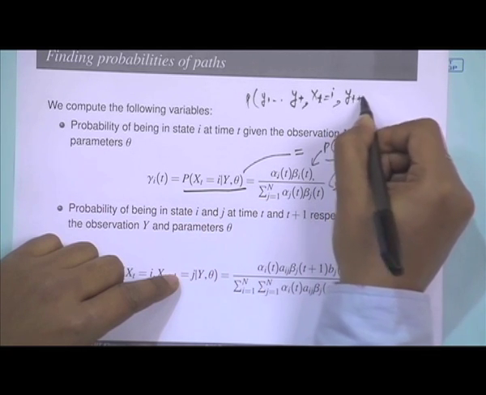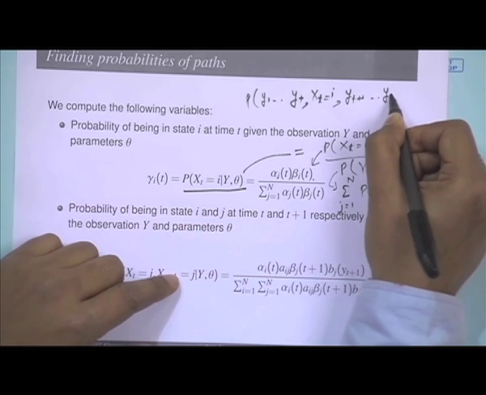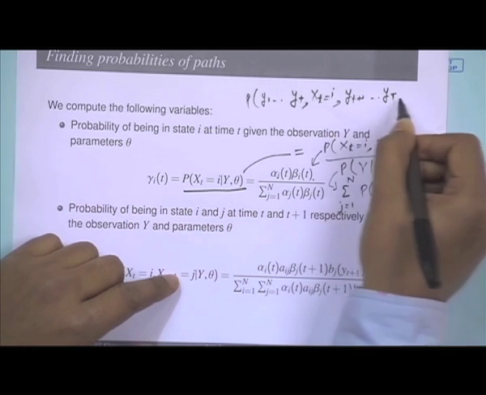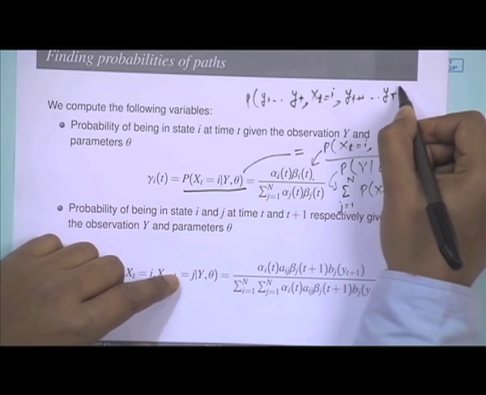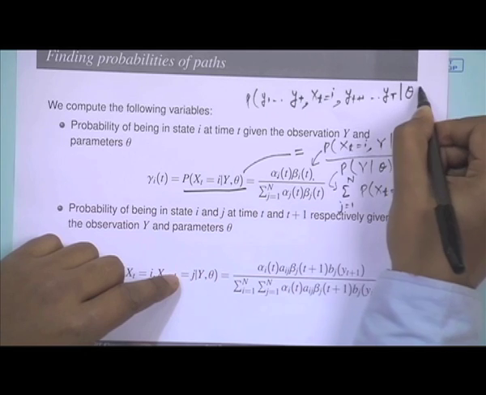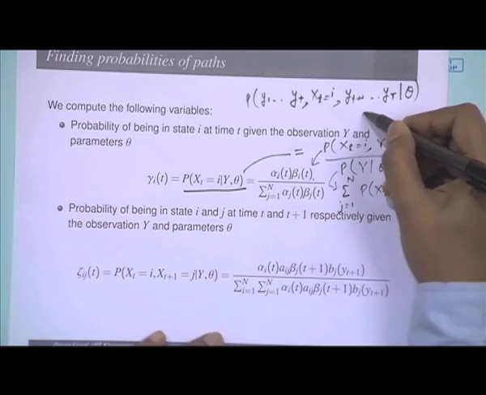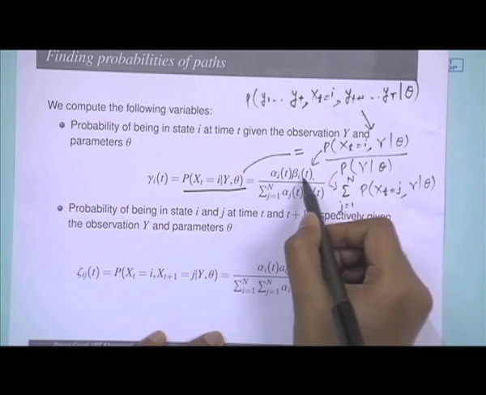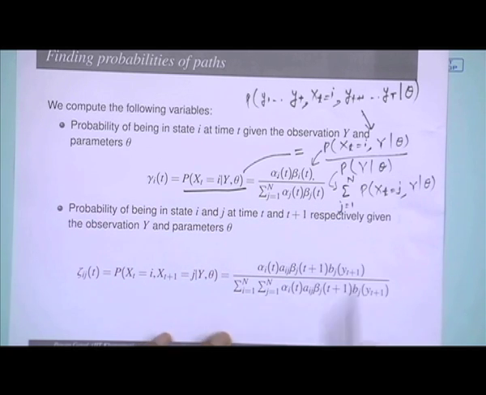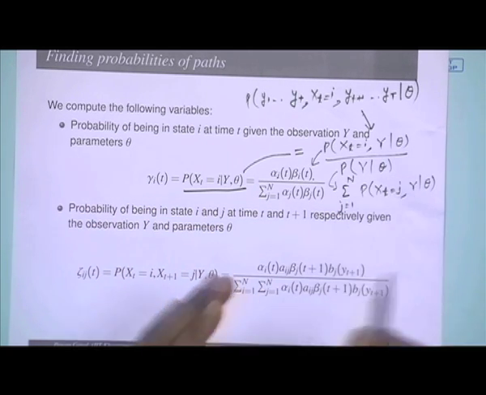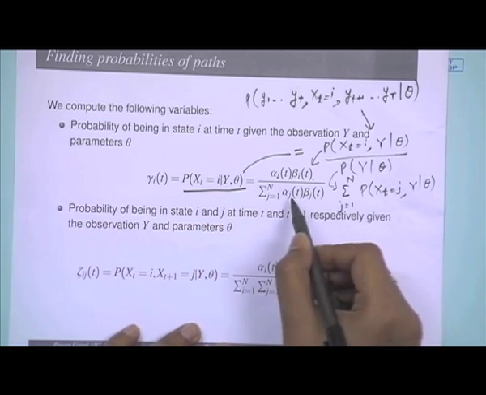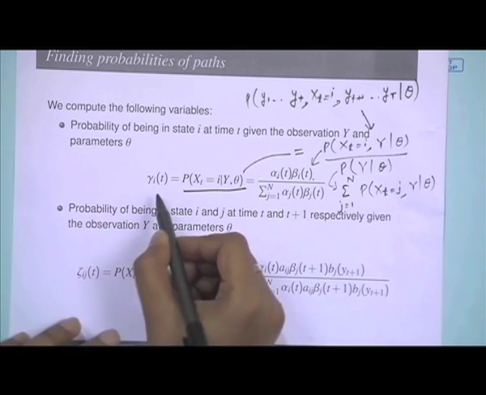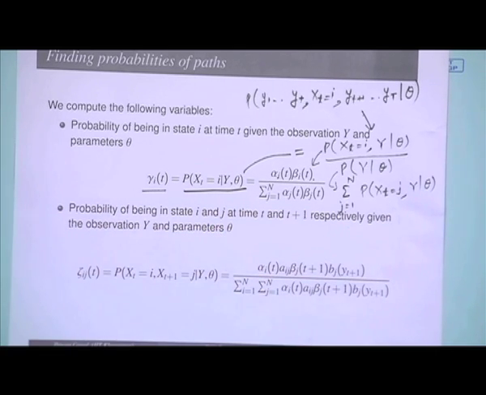The probability of yt+1 to y capital T, and now xt = i is already given for beta, and this is given my parameters theta. Okay, and this is what we are seeing here. This is my alpha it times beta it, and this is marginalizing over all possible states at time point t. So this will be the sum over j = 1 to n of alpha jt beta jt. So this gives me the equation for gamma it.